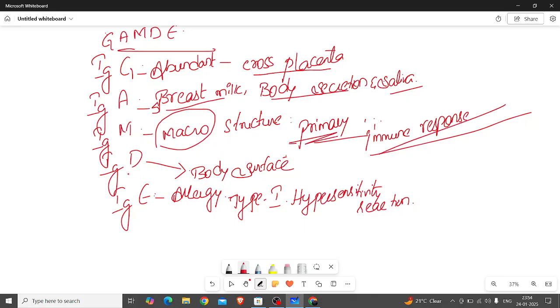IgD is mostly found on the body surface area, and IgE plays a major role in allergic reactions, and mainly in type 1 hypersensitivity reactions. So this is all about immunoglobulins.